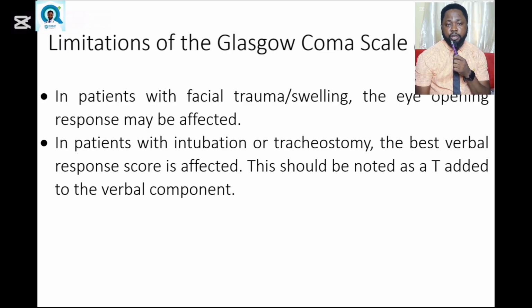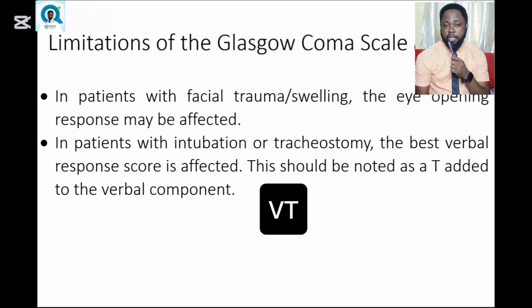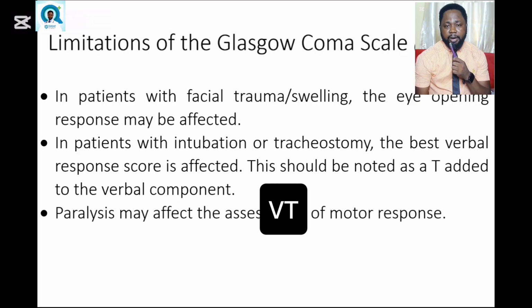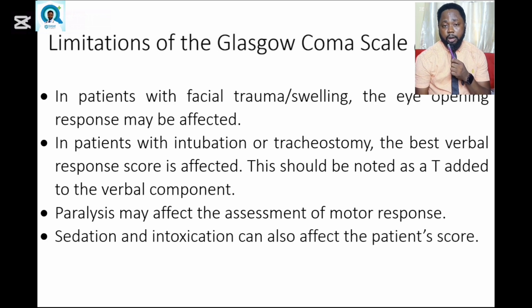This also should be noted as a T added to the verbal component. Example, V1T. The T indicates the tube. Paralysis may affect the assessment of the motor response, and also sedation as well as intoxication can affect the patient's scores.